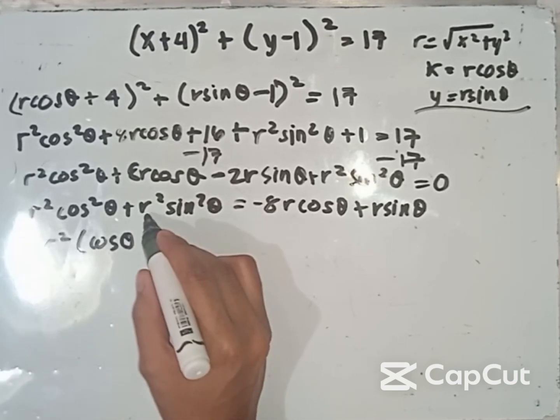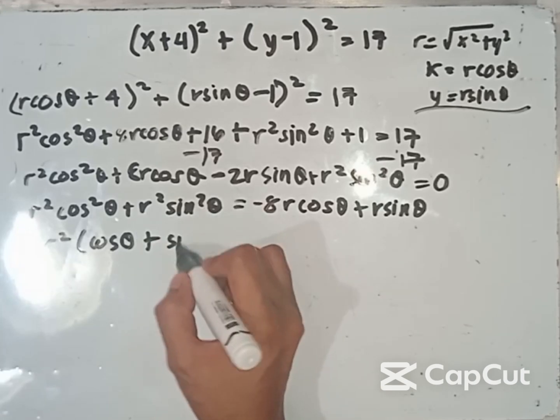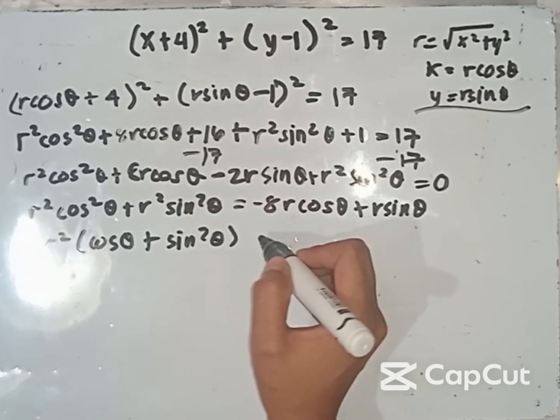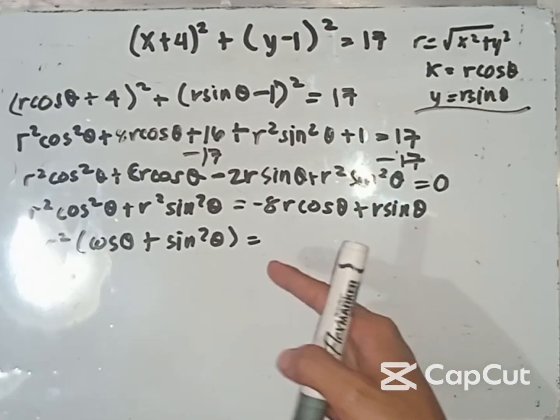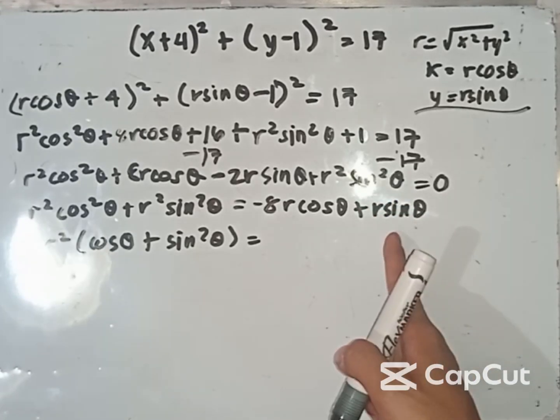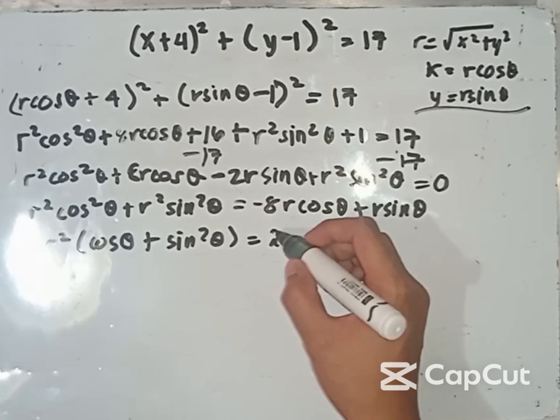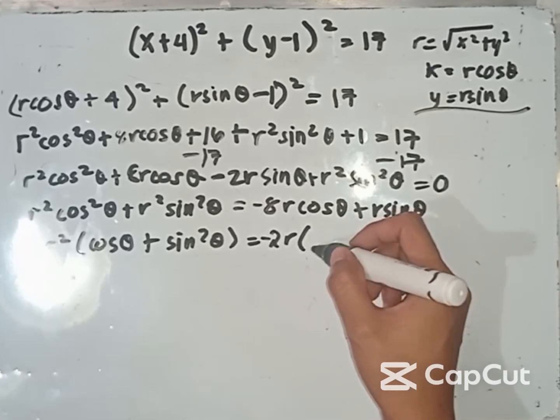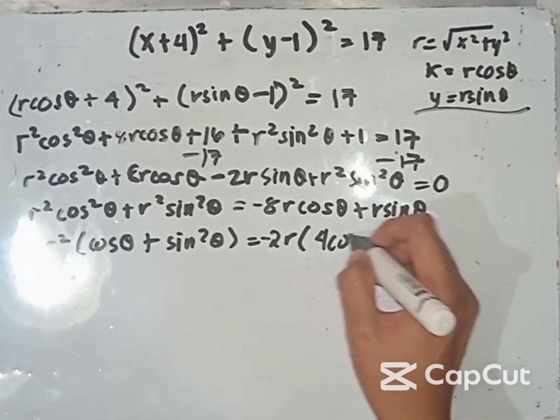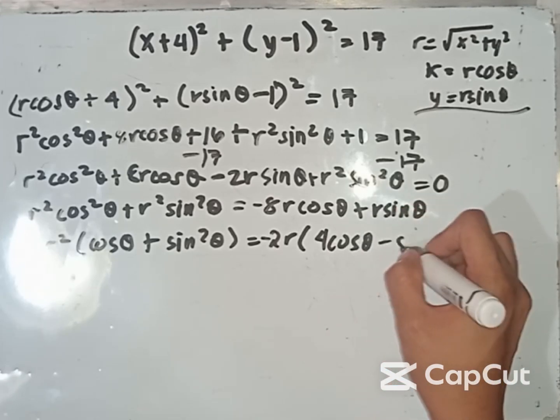So that is now the factoring part. So let's factor. The common factor for the left equation is r squared, while onto the other one it is negative 2r.